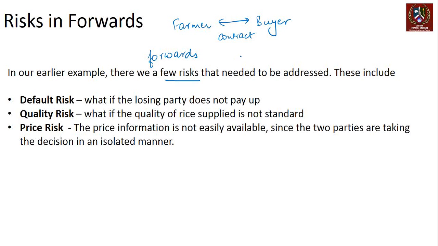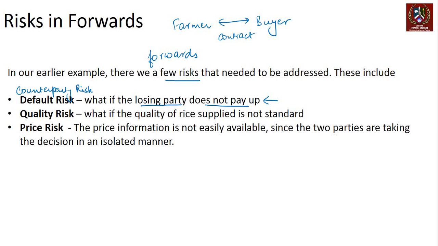So we don't necessarily know if both the parties will turn up on the final contract day, right? What happens if the losing party does not pay up, right? Default risk, also commonly known as counterparty risk, is the risk that one party does not pay the other party at the end of the contract.